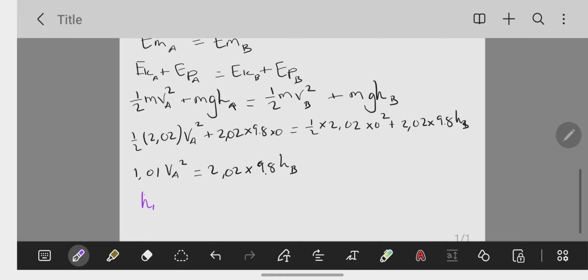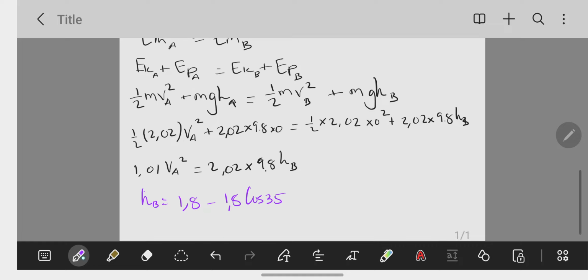So HB is equals to 1,8 minus 1,8 cosine 35. So let's substitute it back into this equation. 1,01 VA squared is equals to 2,02 times 9,8 times 1,8 minus 1,8 cosine 35.